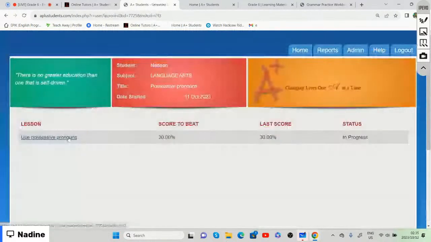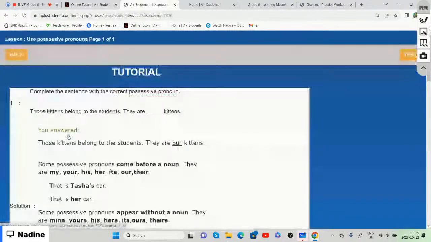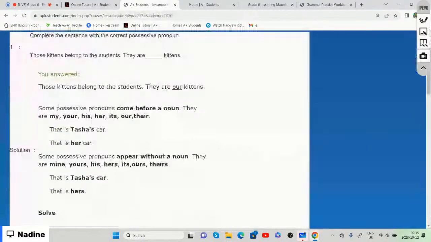All right, so we said that with using the possessive pronouns, some of the possessive pronouns come before a noun, right? And when they come before the noun, they are usually words such as my, your, his, her, its, our, and their.